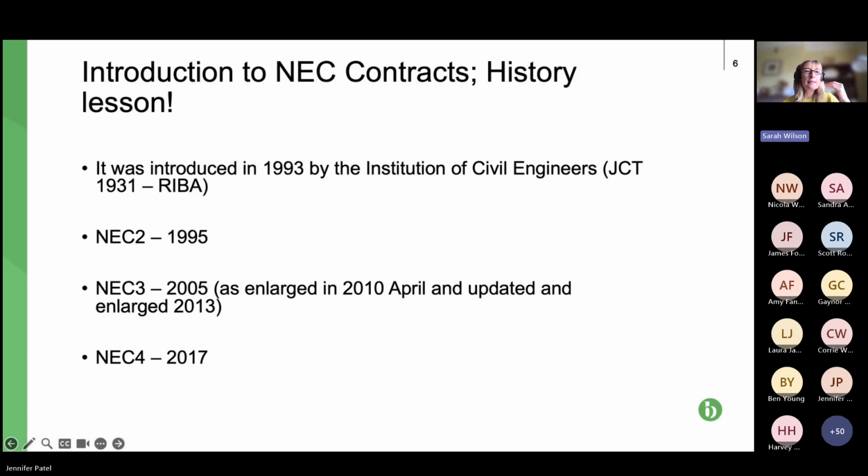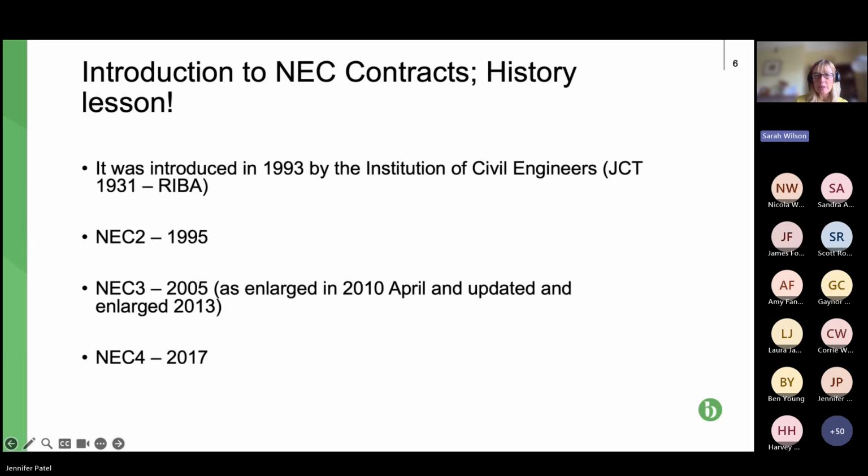So NEC is still the new contract. And the reason that I mention this is, and I think later on next year, so in 2026, we will be looking at NEC case law. And what we try to do is look at all the case law because it's a relatively youthful contract.